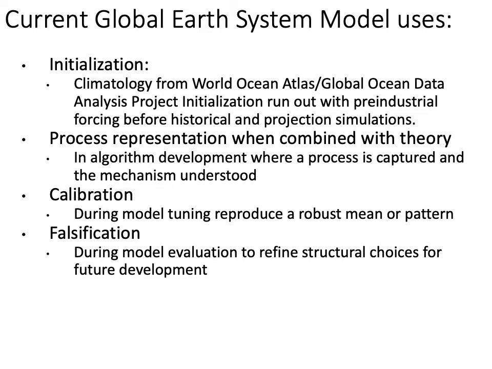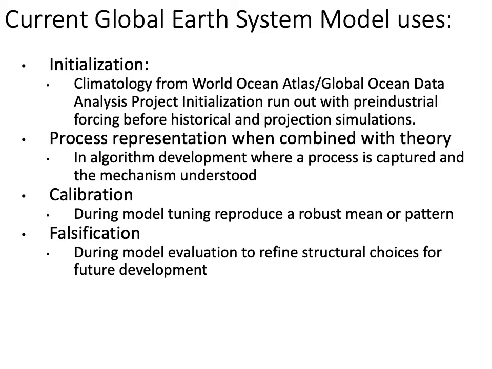Current global Earth system models use observations in a variety of ways. For initialization, they use climatologies from the World Ocean Atlas and Global Ocean Data Analysis Project, run out with pre-industrial forcing before historical and projection simulations. Process representation can be combined with theory during algorithm development if a process is captured and the mechanism is understood.